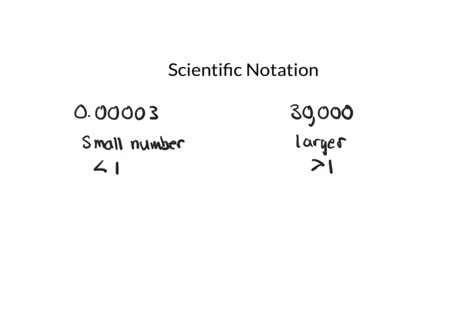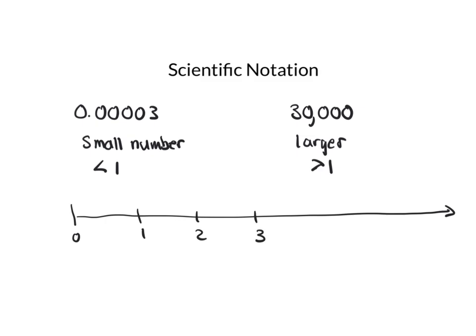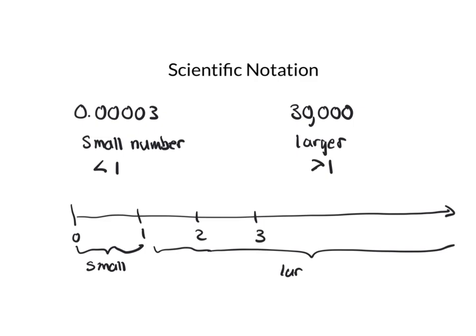So if we're thinking about a number line where we start at 0 and go all the way up to some other number, small numbers in general are between 0 and 1, and large numbers are anything larger.